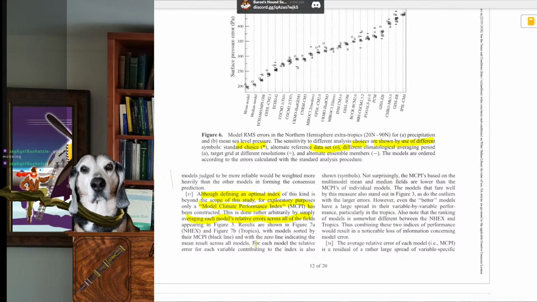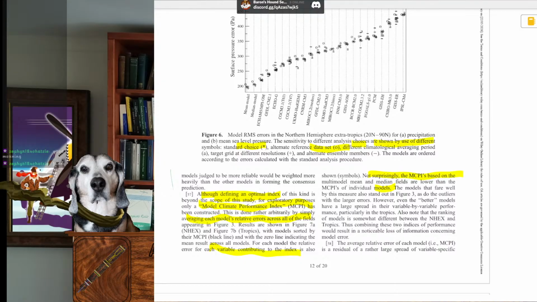For each model, relative error for each variable contributing to the index is also shown in symbols. Not surprising, the MCPI based on multi-model mean and median fields are lower than the MCPI of individual models. The models that fare well by this measure also stand out in figure 3 as the better models, with large errors.